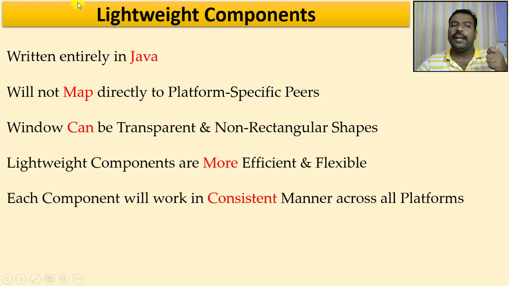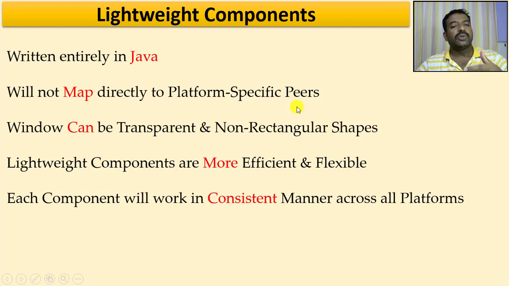Hence, now the entire code, starting from the basic scratch of the window until any design, any component you put on your GUI window, is going to be written entirely in Java, irrespective of what platform you are going to use. The second major point: it will not map directly to platform specific peers.